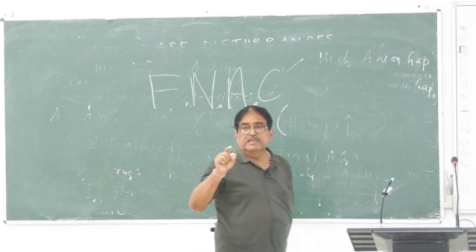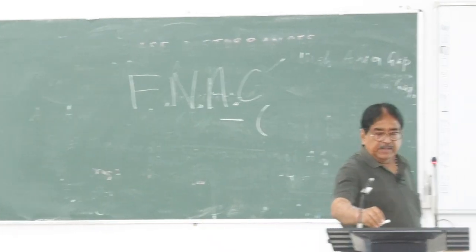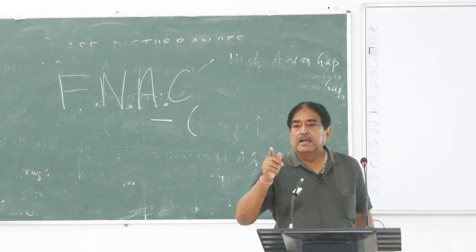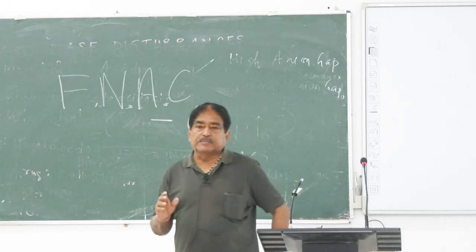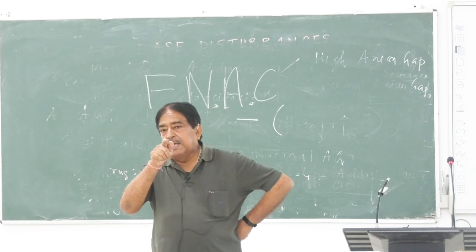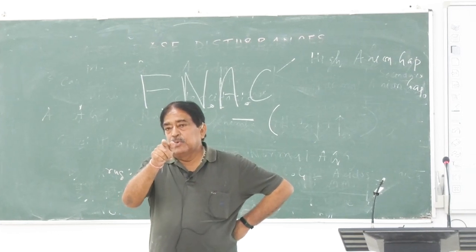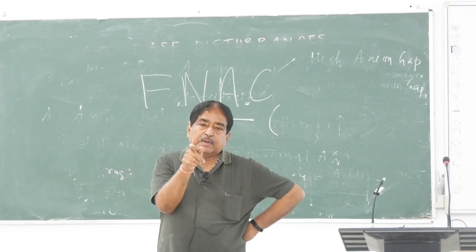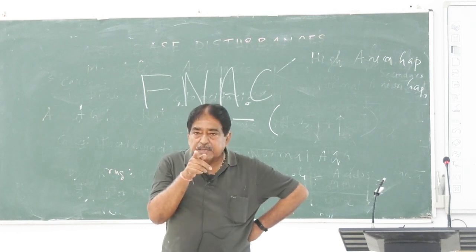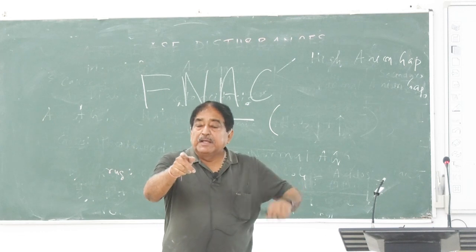Fine needle aspiration cytology. Now there are some excellent radiodiagnostic persons. They know that this is the position of the lymph node. So he puts up the needle there, USG guided.